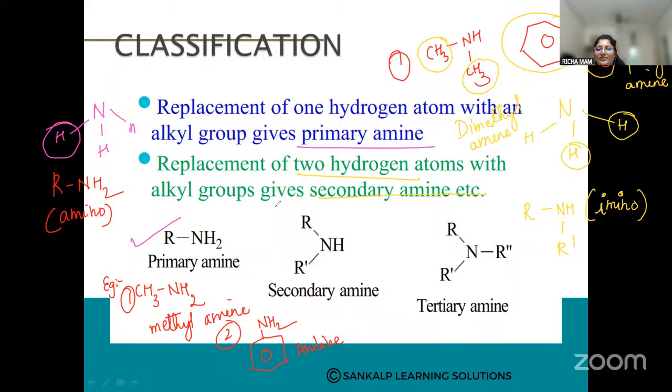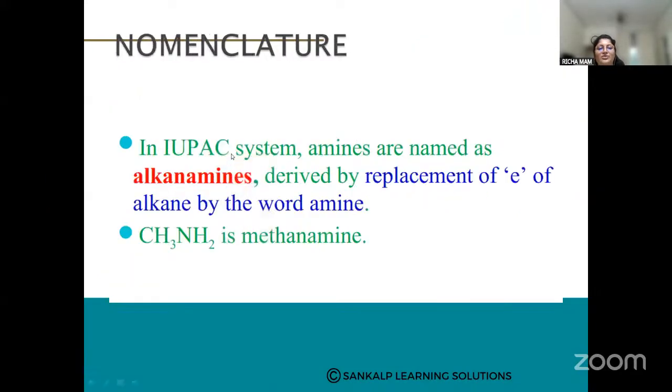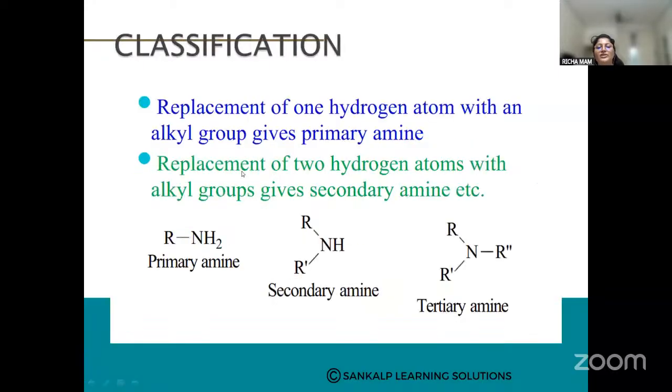So we have seen what is primary amine and what is secondary amine, and we have seen the examples. Next, let us go for tertiary amine. What do you mean by tertiary amine, students? When we write the structure of ammonia, all three hydrogen atoms are replaced by an alkyl or an aryl group.